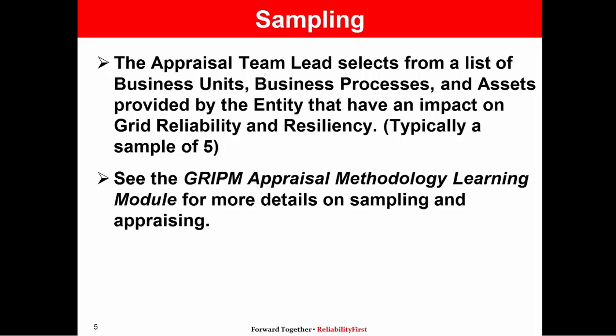Typically when we're selecting, we would either have a facilitated workshop approach, or perform a survey, and we would ask the organization as a whole, what are the business units that are applicable to reliability? We would then drill down a little further and ask what are some of the business processes that help facilitate those business units.